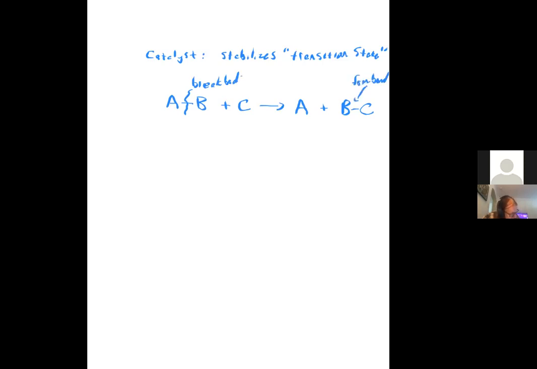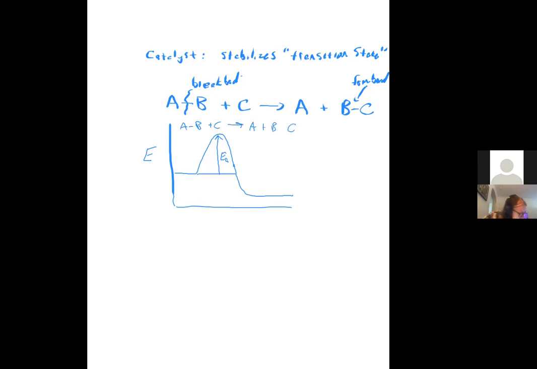So if we come back to our energy level diagram, E for energy. Here's our reactants. Come up, activation energy all the way up there and then come back down. Remember what we said, the activation energy is right here, E sub A. What's happening is the A, B bond is breaking, and then you're forming A plus BC, a new bond being formed here.